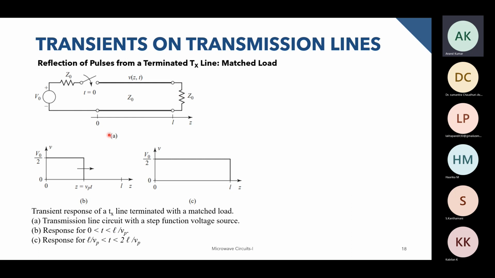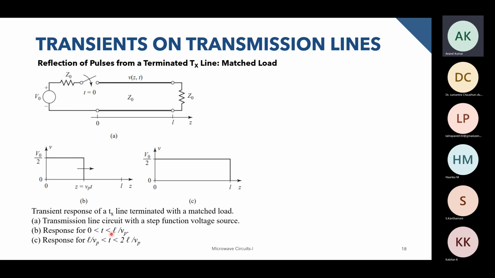Until that time, the diagram looks like this. Note that we have now switched to this axis, where the generator is at 0 and the load is at L. Before time L by Vp, the load has 0 voltage, and the transmission line is still being energized by V0 by 2.